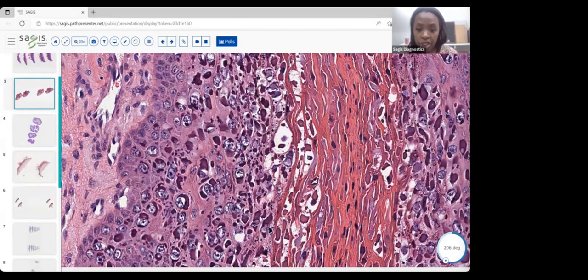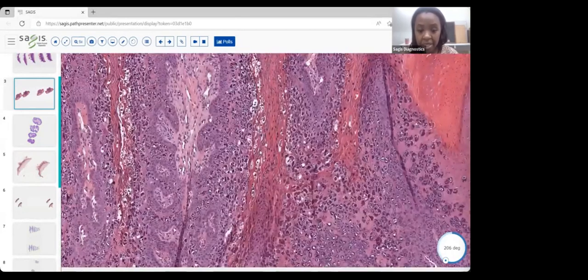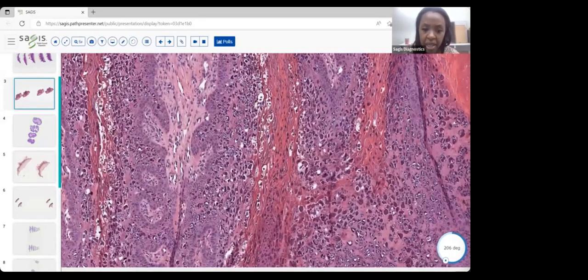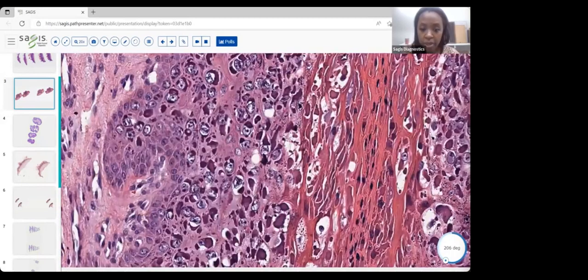What we also appreciate is that we have many of these cells, these keratinocytes, that are enlarged. They have eosinophilic inclusions. We also have many keratinocytes that have a more basophilic appearance to that intracytoplasmic component. So we have a bit of both.